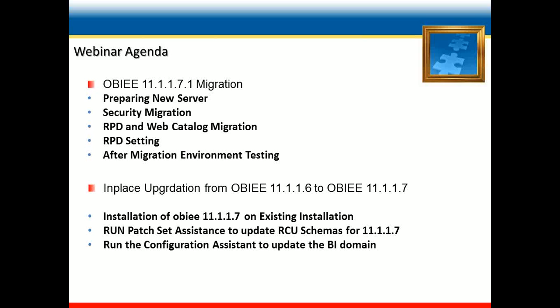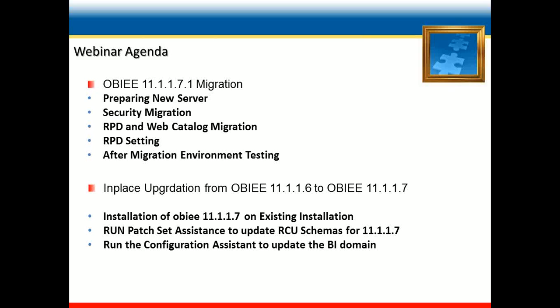11.1.7.1 migration. The points come under preparing the new server, security migration, RPD and web catalog migration, RPD settings after migration, and environment testing. And the second is the in-place upgrade from OBIEE 11.1.1.6 to OBIEE 11.1.1.7.